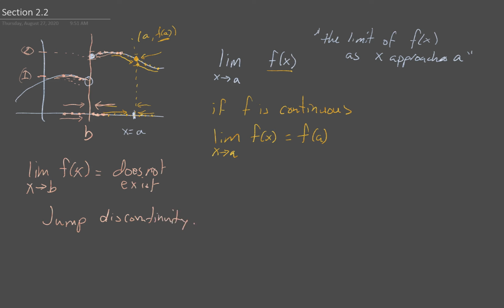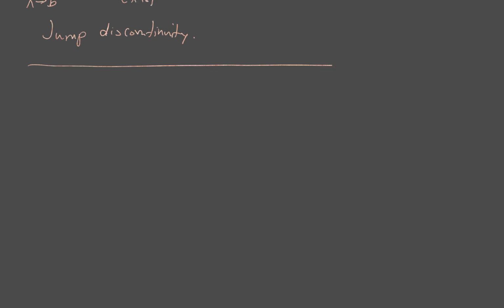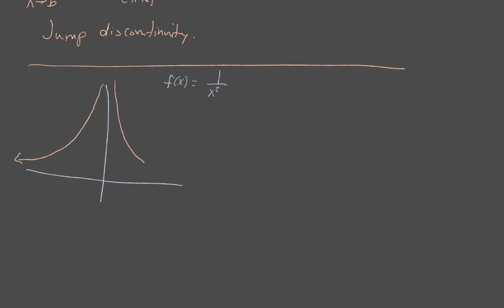Let's look at another reason that the limit might not exist. Let's look at f of x equals 1 over x squared. The graph of this looks like this.